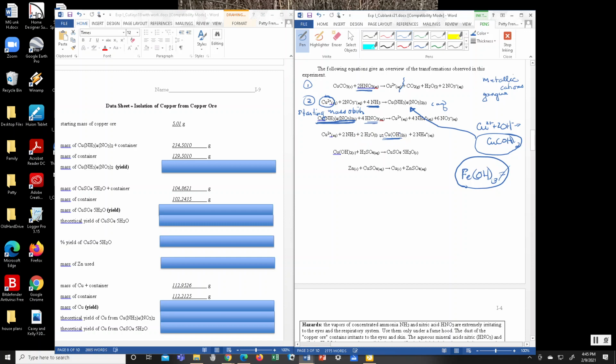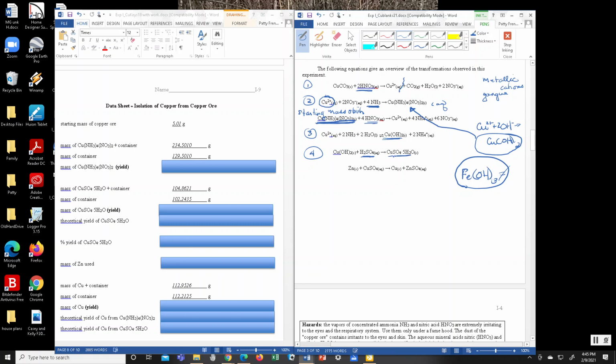The next step after that, we filtered and dried this so that it was this gooey, gummy, pressed toothpaste-like color. And we took that and then we drizzled some warm sulfuric acid over it. And that reaction gave us copper 2 sulfate pentahydrate.